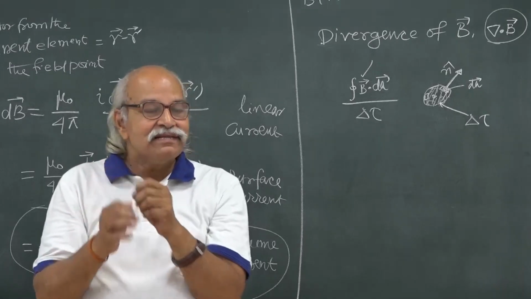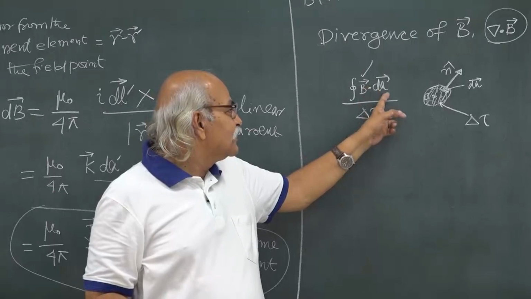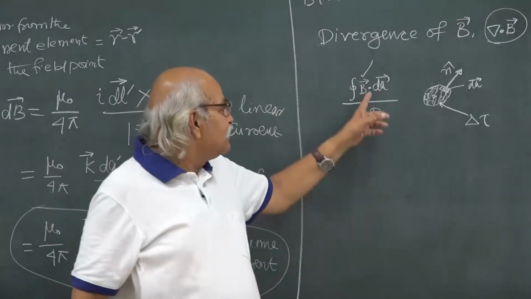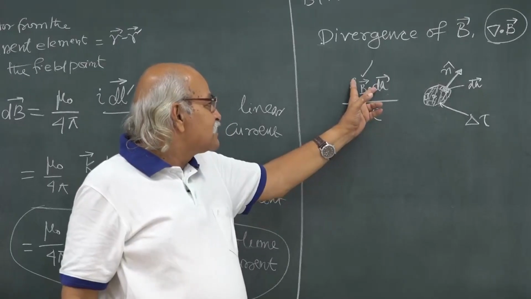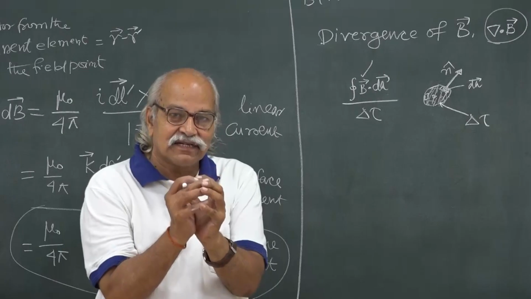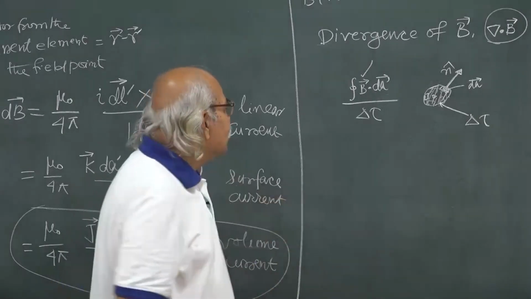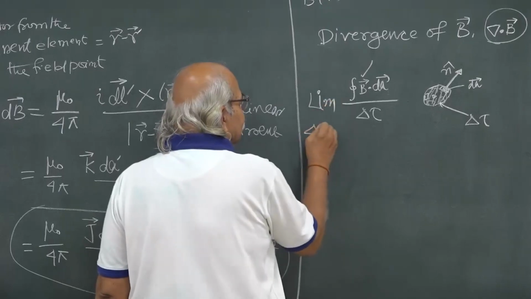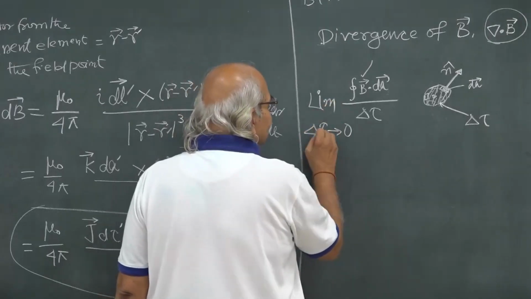Then do this dot product B dot dA and add it over the entire surface. That is this numerator, and divide it by the whole volume which you had constructed. Now take the limit of this as delta tau tends to 0.